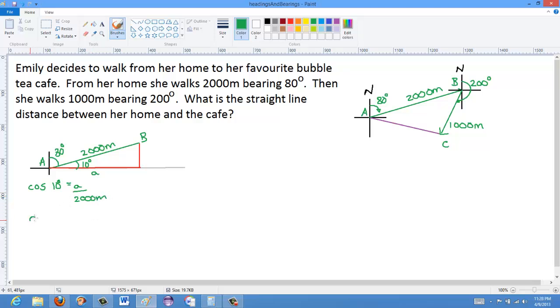That means A is equal to 2,000 meters times cosine 10 degrees.